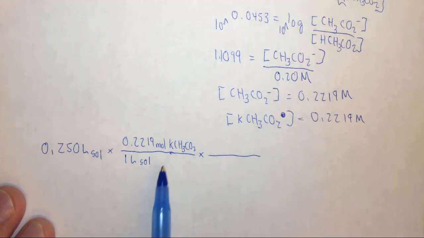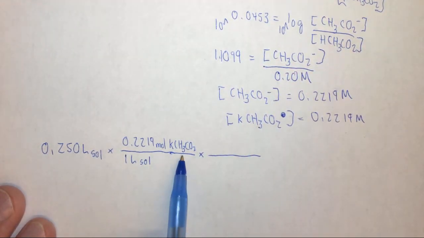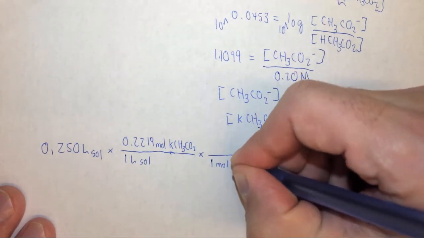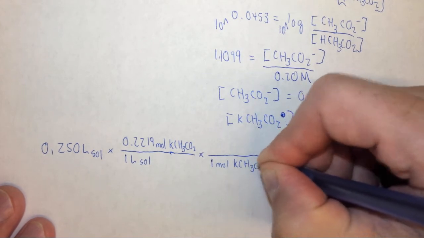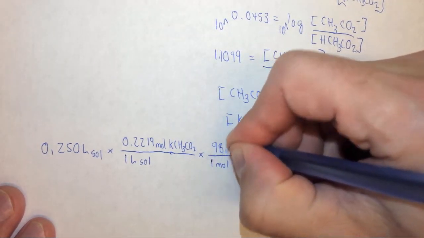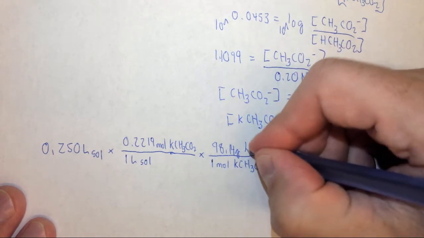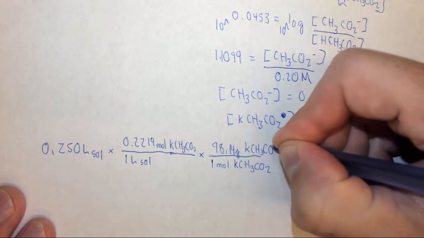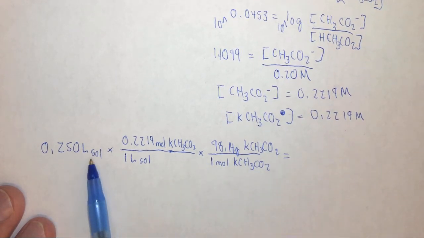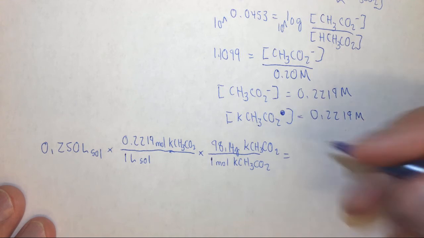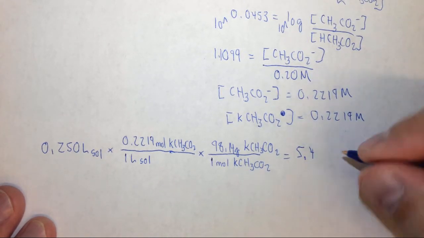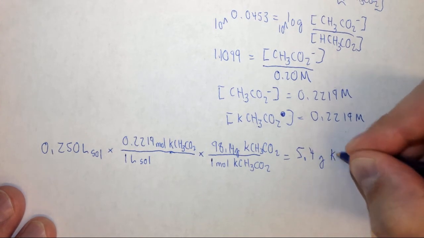Times, now we have moles of potassium acetate. We want grams of potassium acetate, so we put 1 mole of KCH3CO2 on the bottom. And on top, we put the molar mass, which happens to be 98.14 grams of KCH3CO2. So basically a solution stoichiometry problem. And when we do that, we find that we need, to 2 sig figs, 5.4 grams of KCH3CO2.